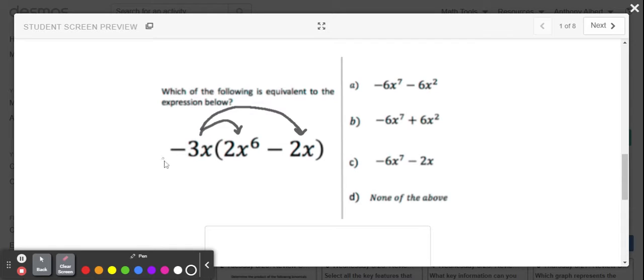And when we distribute terms with variables and numbers, we multiply the numbers and we add exponents.